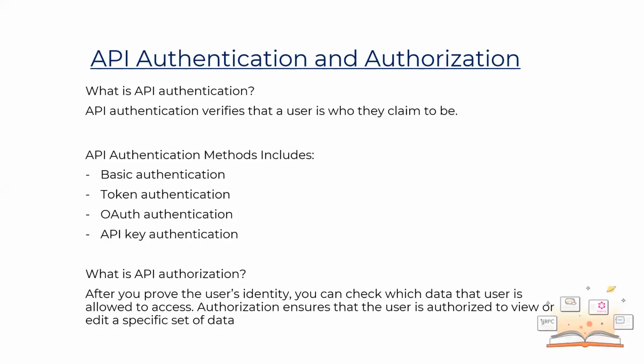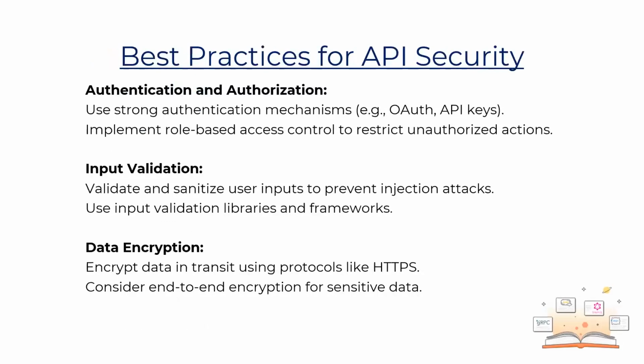A vendor should be able to see things related to him or her as a vendor. That is authorization. So authorization ensures that the user is authorized to view or to edit a specific set of data, right? So that's just a brief clarification of authentication and authorization systems.